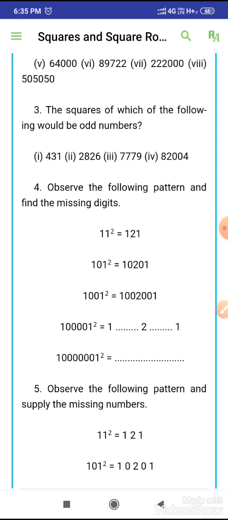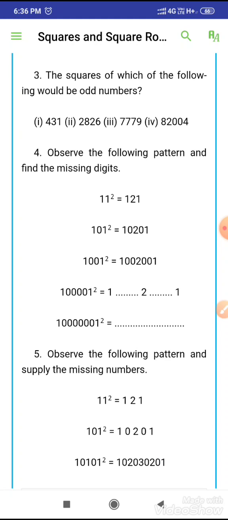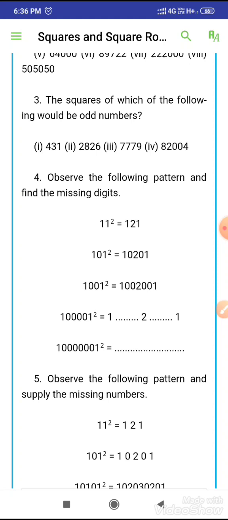Our second part is 2826. It is an even number, so its square is also an even number. Similarly, in the third part the number is odd, so its square is an odd number. In the fourth part the number is even, so its square is an even number.